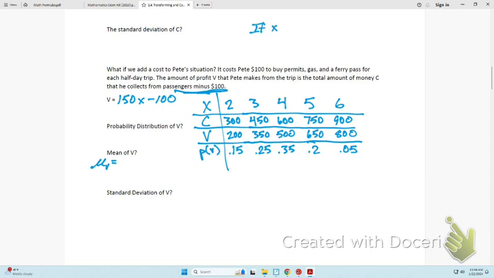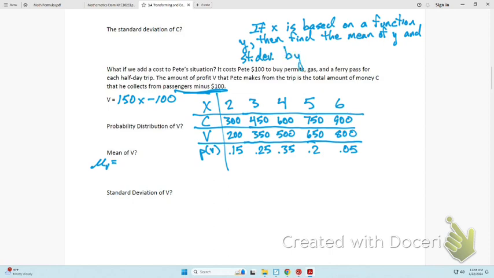If X is based on a function, let's call it Y, then find the mean of Y and standard deviation by plugging in mean times standard deviation of x.